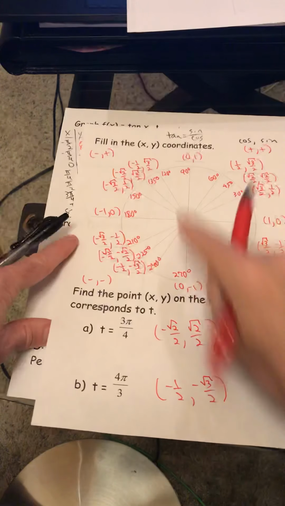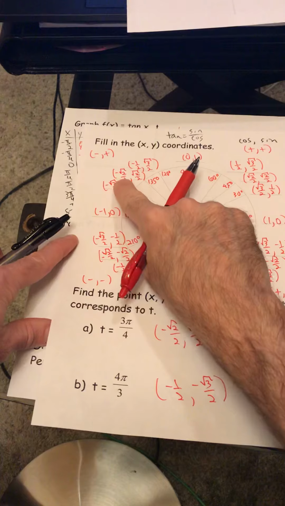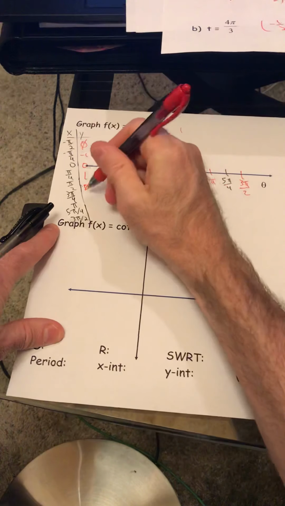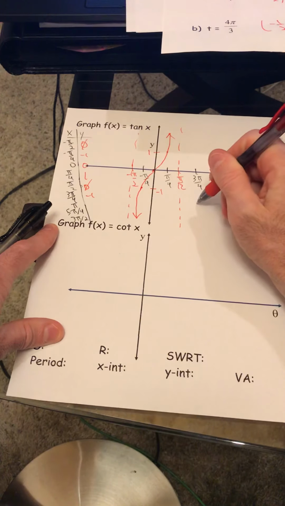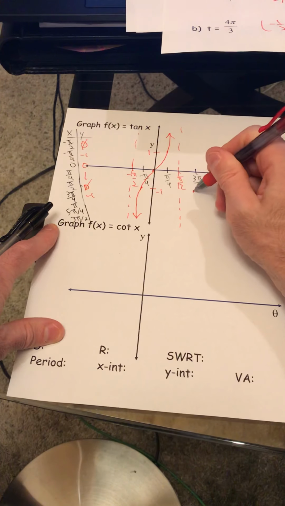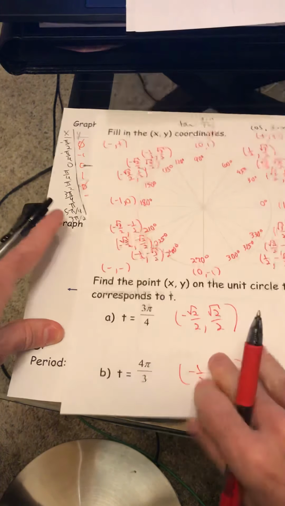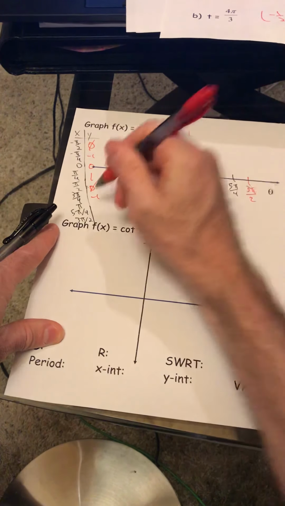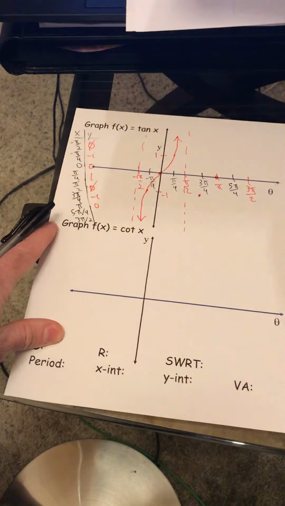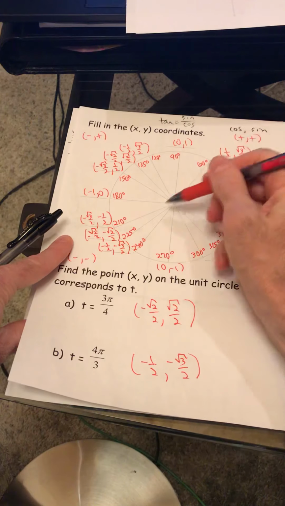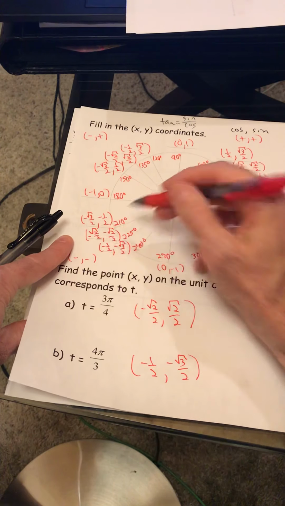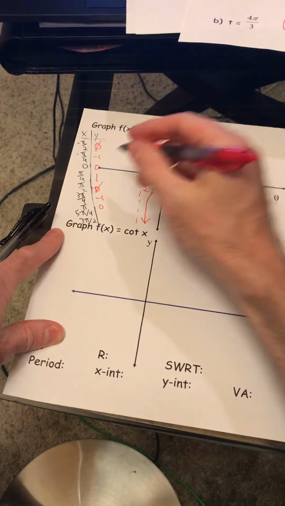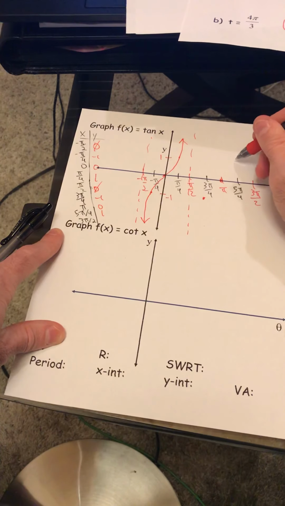Now at 3 pi over 4, y over x is negative 1, so we're now back down there. At pi, 0 over negative 1 is 0. At 5 pi over 4, y over x, since they're both negative, is positive 1.